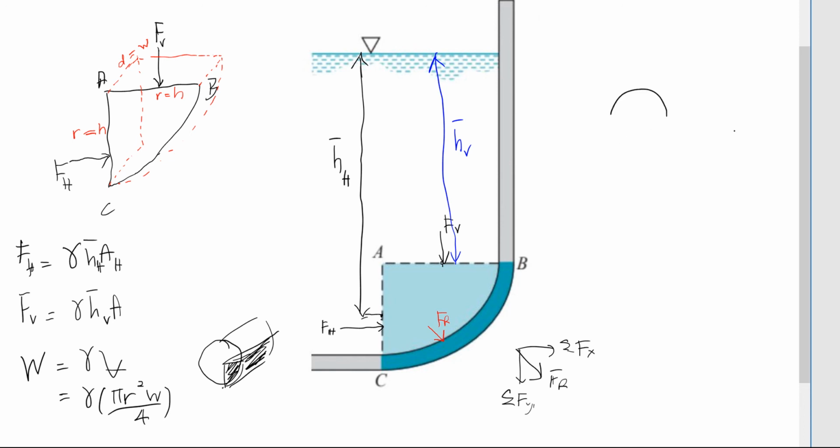It can also be an inverted curve, where the water is here. So it depends on the location or the shape of the curved surface. Alright, so that's it. Oh, not yet.